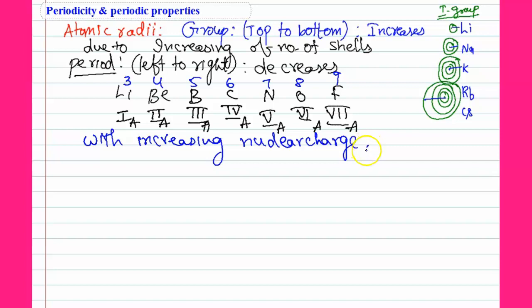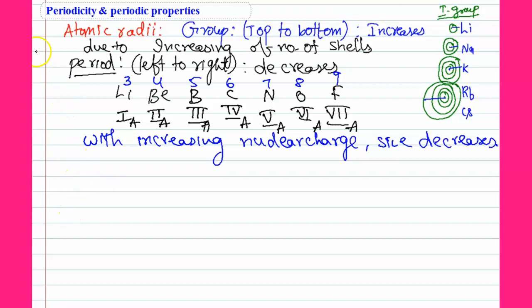So with increasing nuclear charge, size decreases. So this is the reason, students, in a period atomic radius decreases from left to right with increasing atomic number. Even though atomic number increases, nuclear charge increases, so size decreases. So this is the atomic radius, students.